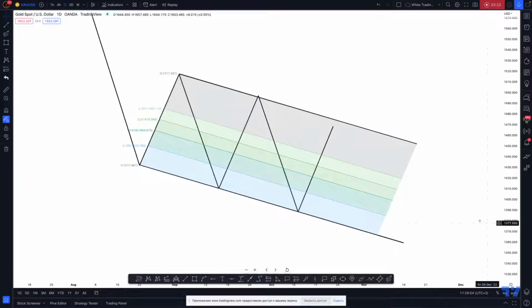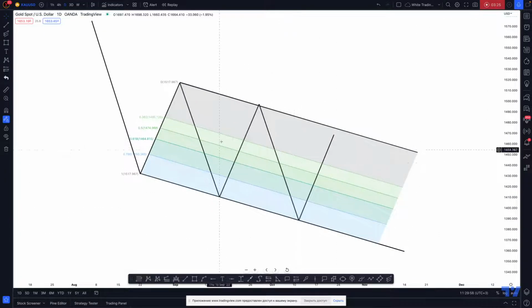So here you can see that if applied correctly, the boundaries of a Fibonacci channel and boundaries of a channel match perfectly. And here you can see that we have the Fibonacci levels. We have 382, 5, 618, and 786.